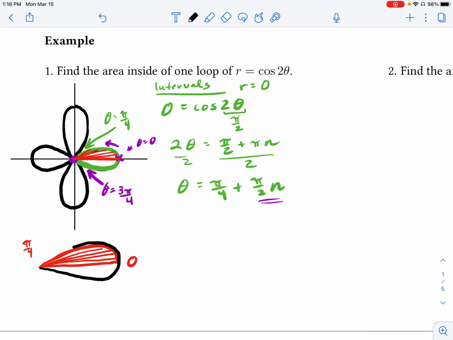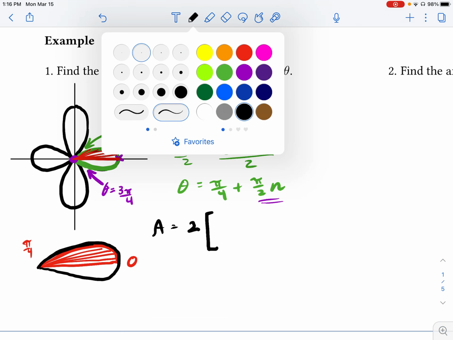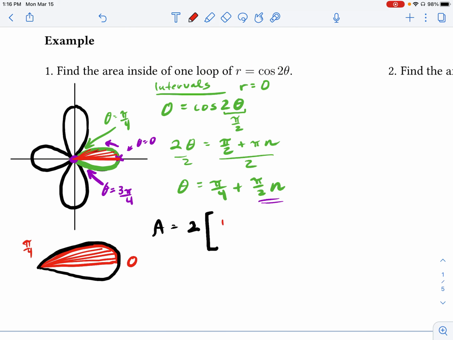And this will hopefully make sense in a second. So to find the area of this entire petal, I am going to do 2 times the area of half the petal, which is 1/2 the integral from 0 to pi over 4 of r squared, so cosine of 2 theta squared d theta.